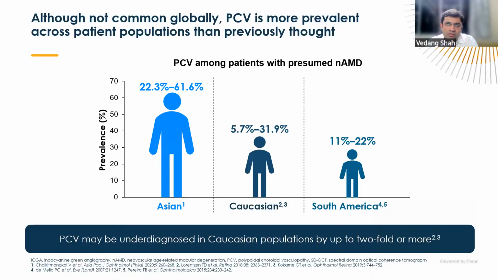We diagnose a patient with AMD, but sometimes when the patient doesn't get better even after multiple injections and undergoes ICG, it is found that there are polyps which need to be treated, and that is why PCV may be an underdiagnosed condition in a large number of the population.